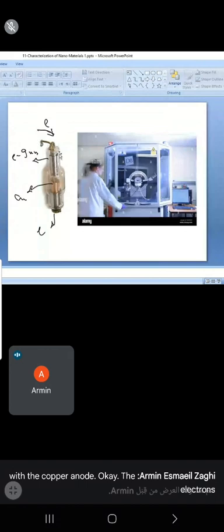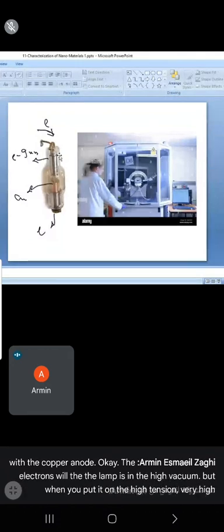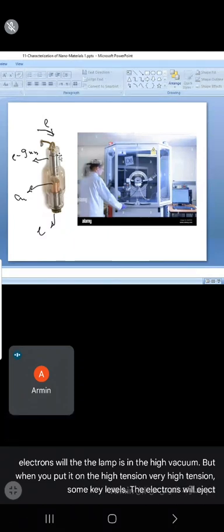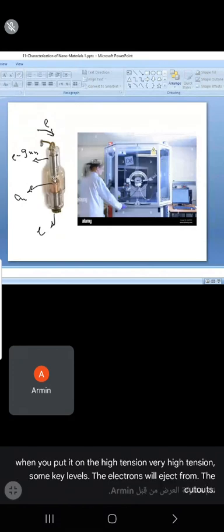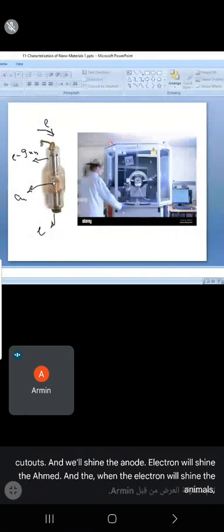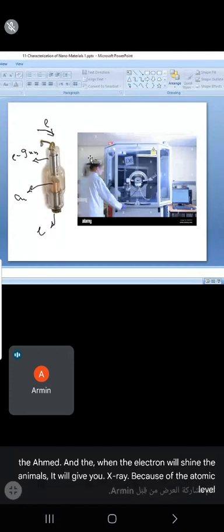The lamp is in high vacuum, but when you apply a very high tension, some kilovolts, the electrons will eject from the cathode and will shine on the anode. When the electrons hit the anode, it will give you X-ray because of the atomic level of the copper.